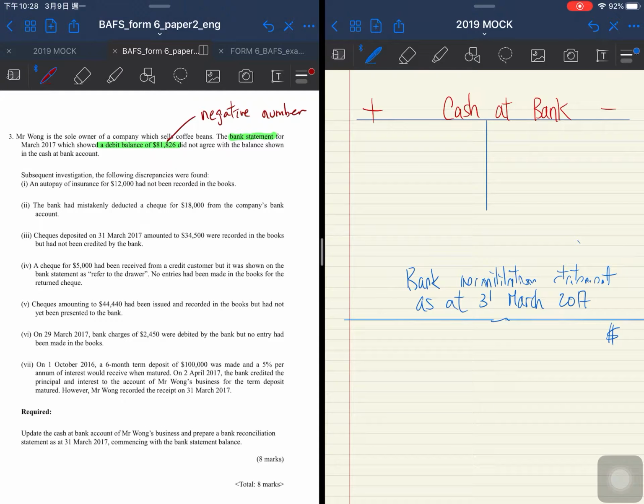And it did not agree with the balance shown in the cash at bank account. So we start at this one.